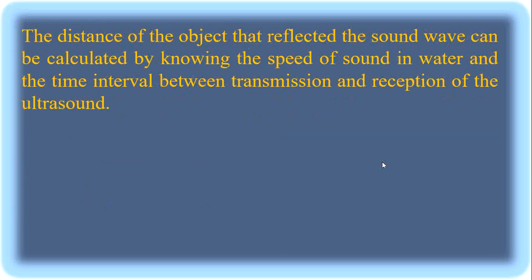signals. The distance of the object that reflected the sound wave can be calculated by knowing the speed of sound in water and the time interval between transmission and reception of the ultrasound. How can we calculate the distance of the object? We can calculate it by knowing the speed of sound and the time interval.